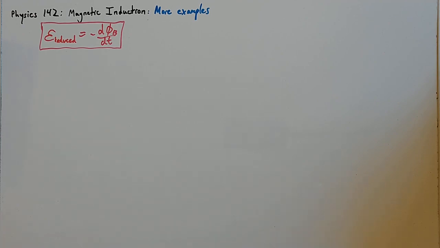of magnetic induction. So just to review a little bit, we've been talking about magnetic induction, and the idea here is that if you change the magnetic flux through some loops, through some wire, you can induce a current in that wire.